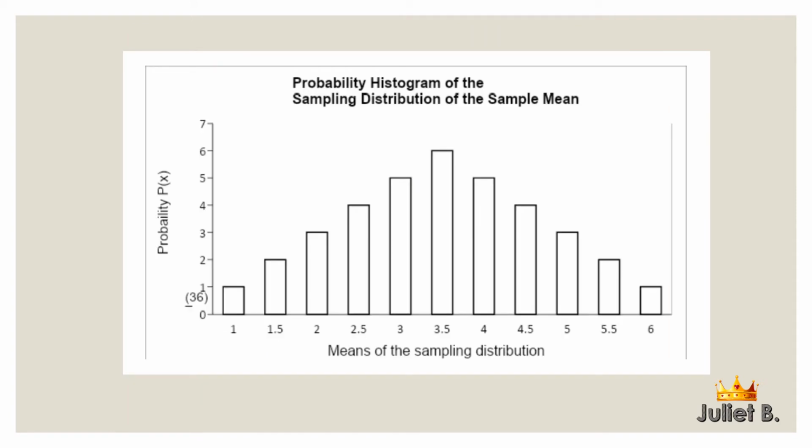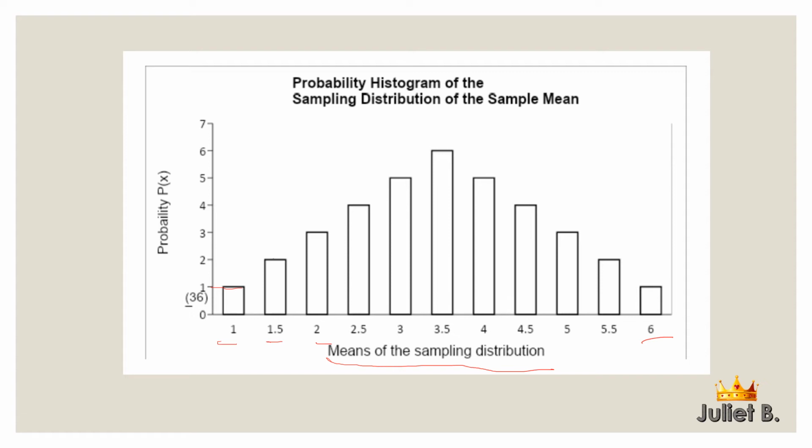So, eto na siya. Dito sa baba, yung mga means of the sampling distribution, eto yung 1, 1.5, 2, hanggang 6. Tapos, yung height nila ay yung probability. So, kasi kanina, ang probability ng 1 ay 1 over 36. Ayan siya, yan ang height niya. Ang 1.5, ang probability niya ay 2 over 36.